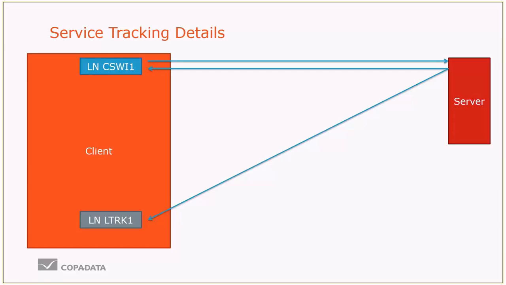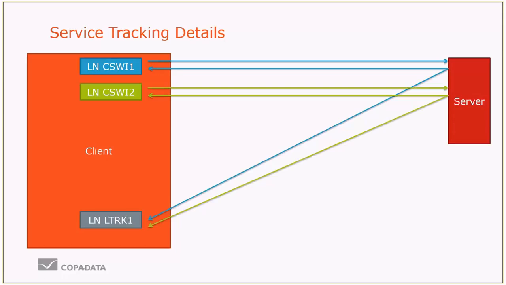So, for instance, we have a logical node for switching something, a control logical node which switches something on the server. This directly gives information on this logical node for service tracking. If we have a second switch we have to command, the server gives information about the second switching to the same logical node.